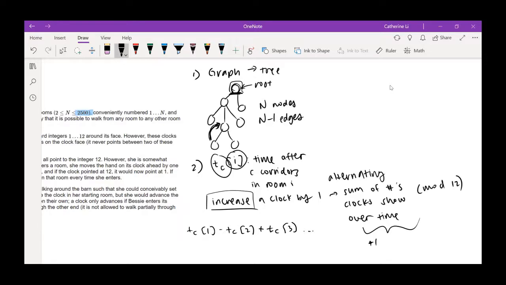This might be the case, but we're actually going to define it a different way. So we're going to use a distance function. So we define dist I to be the distance of room I to the root node.